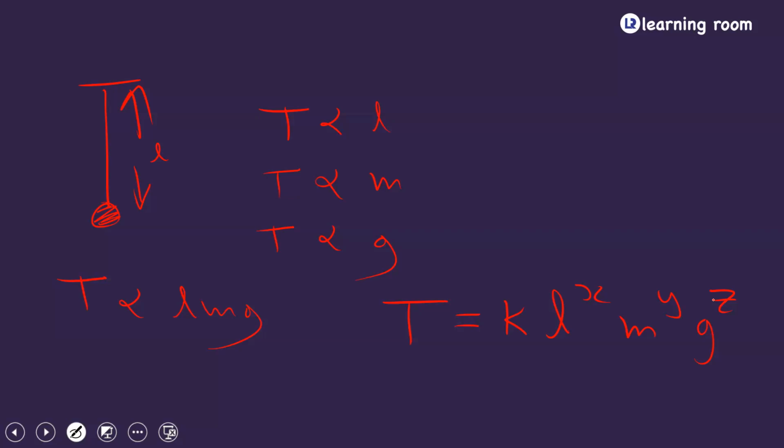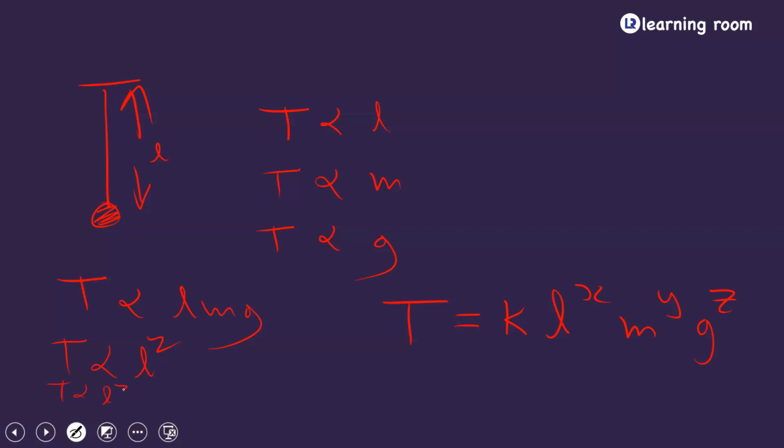The idea is basically this. I know that L and G are increasing, but I don't know by how much. I can put a constant of proportionality, but that could mean that T is proportional to L square, or it could mean that T is proportional to L cube.